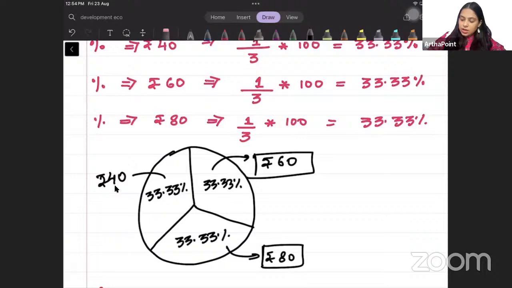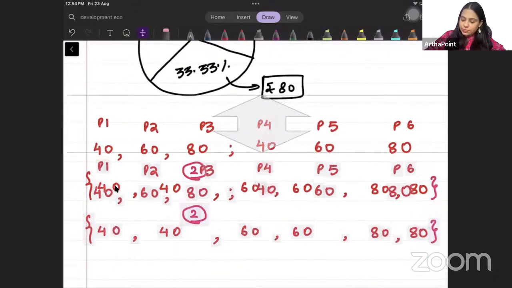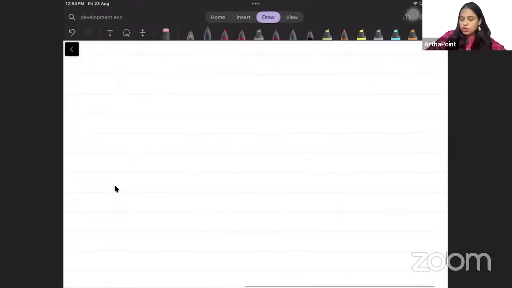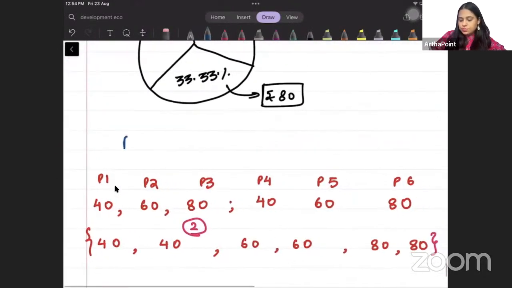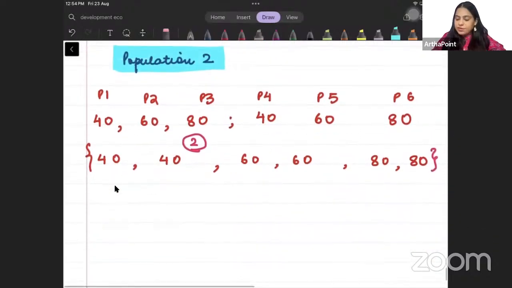And now I have cloned the population. अब मेरा population double हो गया है. So this is population number 2. I have cloned the population, double population again. But with double population, what else am I going ahead and seeing? Ki income bhi same hai.